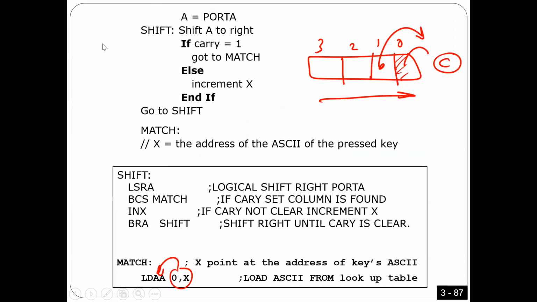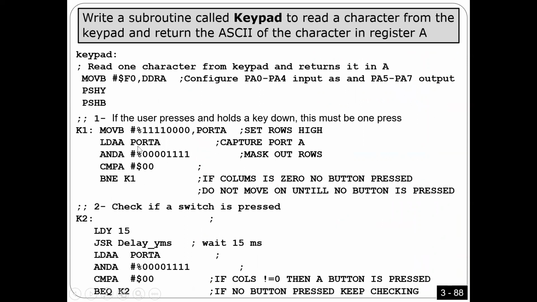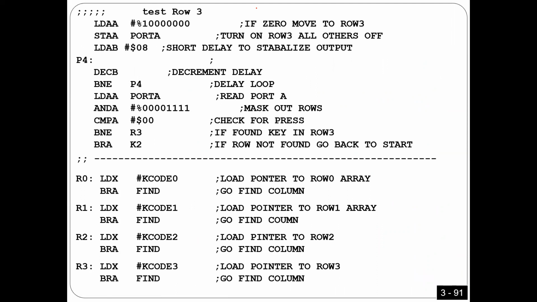Before I move to the LCD, I want to summarize all I need from this part. Number 1, in assembly, how can you use the keypad? Very simple. You have a subroutine called keypad, and you just call it.